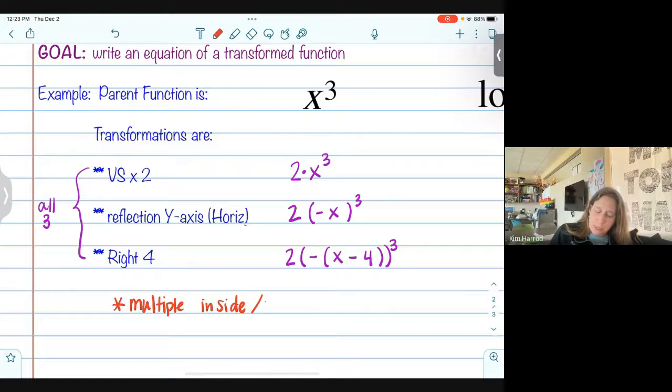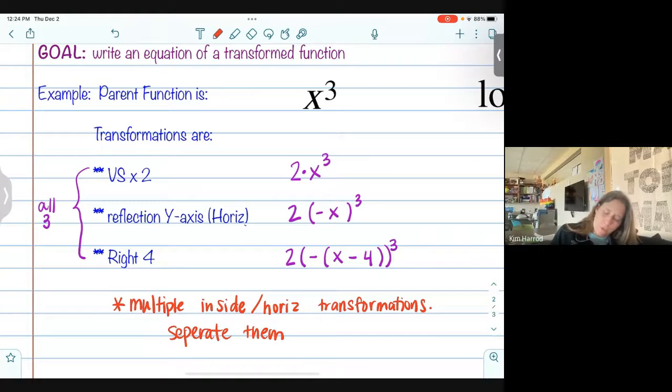But when you have multiple inside or horizontal transformations, separate them with parentheses. So when I put the right 4 inside that, I added this set of parentheses here so that I would have right 4 and y-axis reflection.